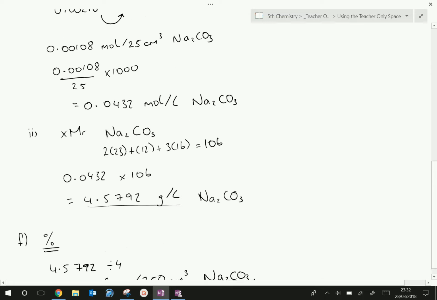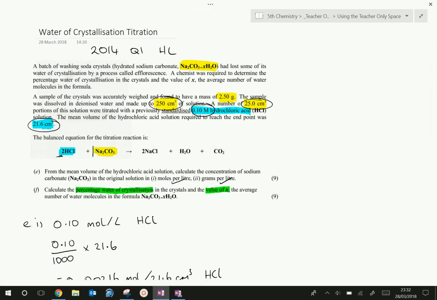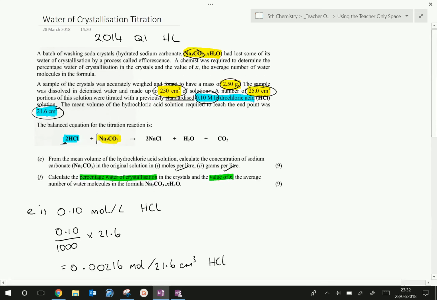But I also know from above that I actually dissolved 2.5 grams of crystals in those 250 mils. And those crystals are made up of sodium carbonate and water. So if the total amount of crystals weighed 2.5 grams, but the sodium carbonate only weighed 1.1448 grams, then the rest must have been made up with water.